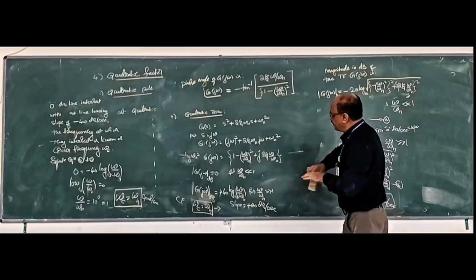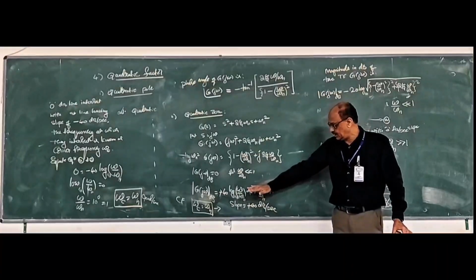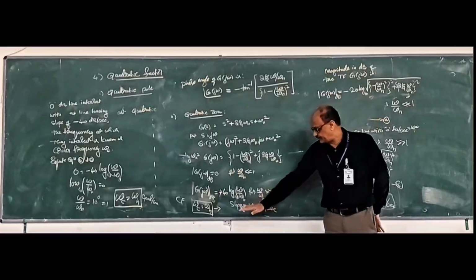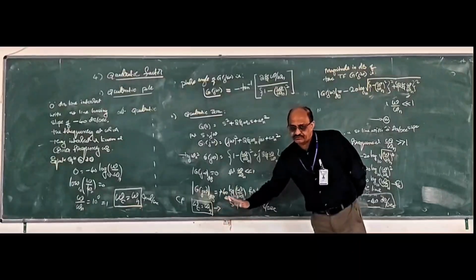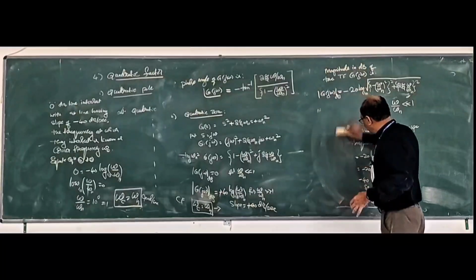And for a quadratic 0, it has a 0 dB line as well as another line with plus 40 dB per decade. The corner frequency is also omega c equal to omega n. What about the phase angle?